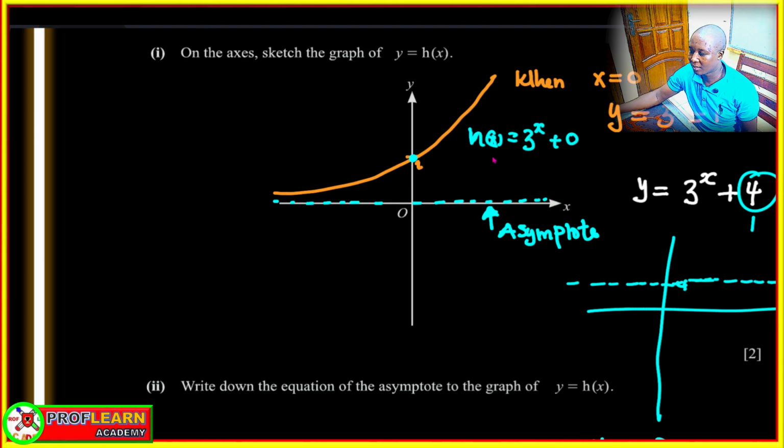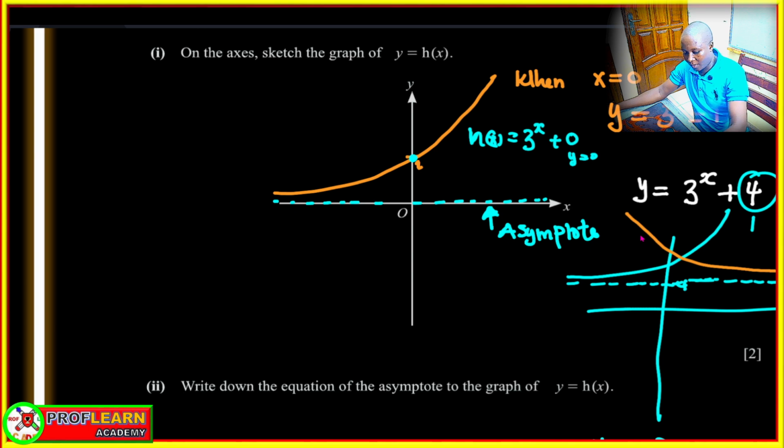There was nothing, so meaning y equals 0 is the asymptote. That's why it was here. But if it's 4, it will be somewhere here. Then the graph will go up like that. But in the event maybe this is negative, the graph will increase towards the negative. If it was the same value but negative, the graph is going to increase the same way up like that.